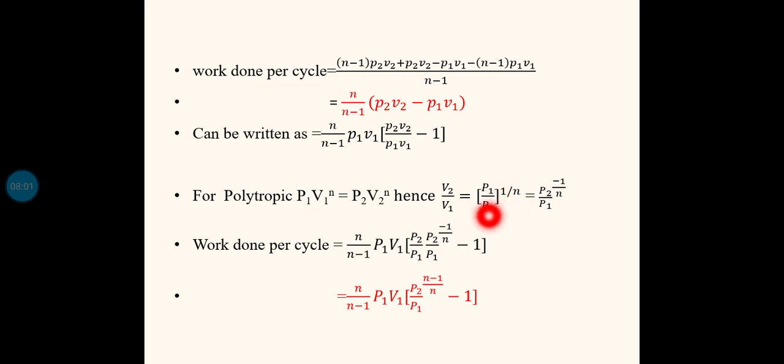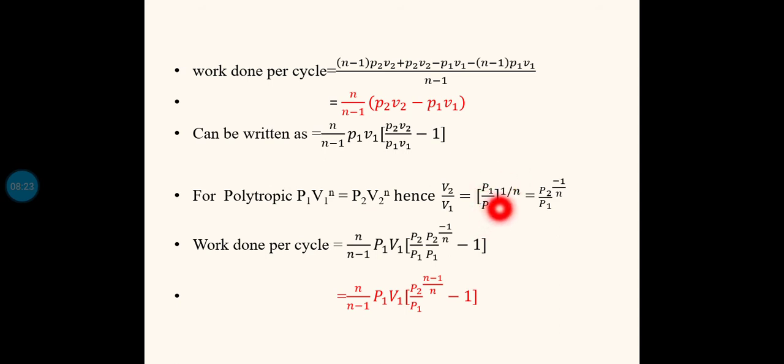And I am taking the reciprocal of this term within the bracket, that means a negative is added to the power. So this P1 by P2 raised to 1 by n will be equal to P2 by P1 raised to minus 1 by n. Usually if the term within the bracket is reversed, then one negative sign is added to the power, that's all.